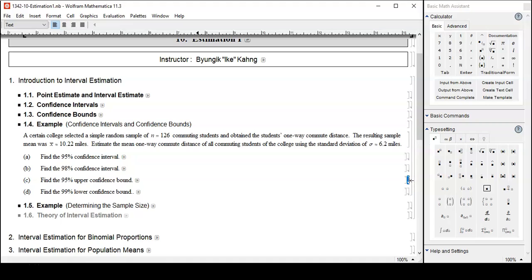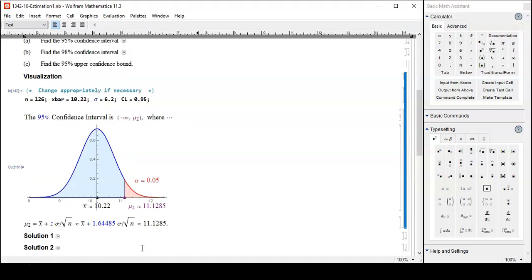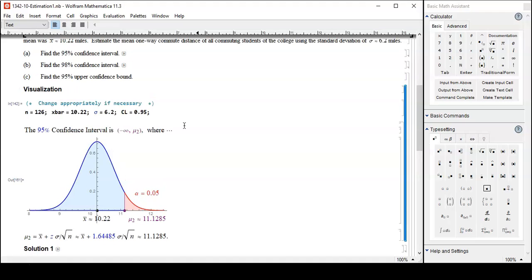Okay, let's consider that. Upper confidence bound looks like this. Upper, only this part, and the other side, nobody cares. So 95% upper confidence bound: this entire part is 95%. Here I have just the entire 5%.